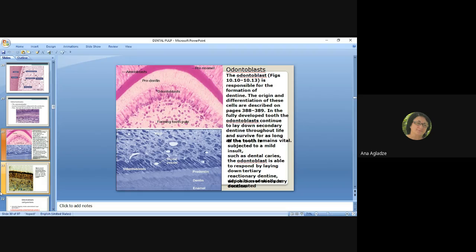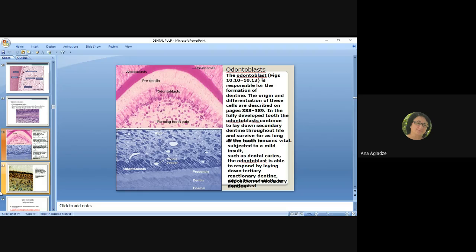Odontoblasts are capable of producing pro-inflammatory mediators in response to bacterial toxins such as polysaccharides, and may produce cytokines such as interleukins, which then can activate and trigger an immune response for macrophages and other immune cells.